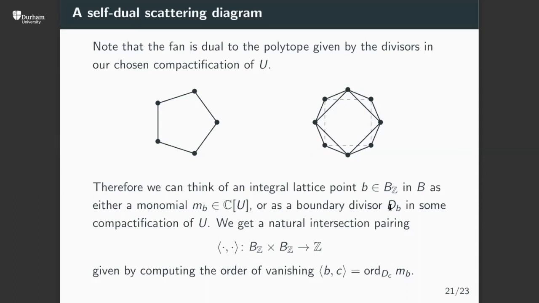And because I've got those two points of view, I can write down an intersection pairing on this space, which is just given by computing the order of vanishing of a monomial along a divisor, like you do in toric geometry. And of course, it depends which cone you're in to compute it.